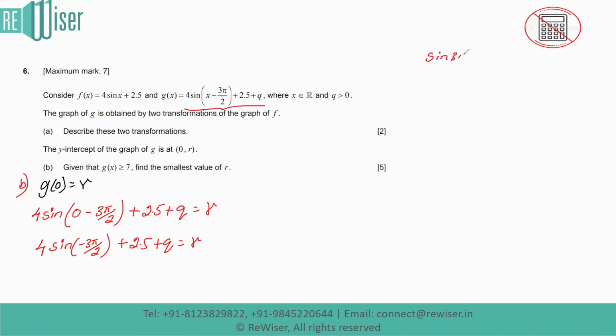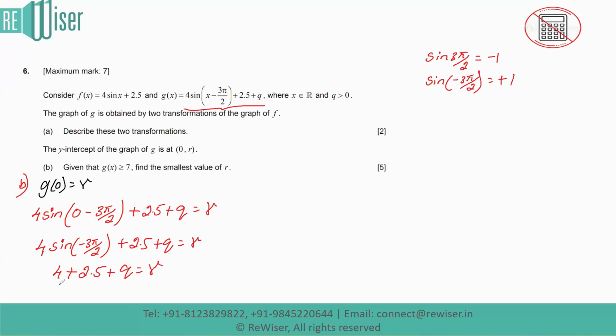We should know sine of 90 is 1, and sine of 270, which is sine of 3 pi by 2, is negative 1. But sine of negative 3 pi by 2 would be positive 1. So it's 4 times 1, which is 4, plus 2.5 plus q equals r.